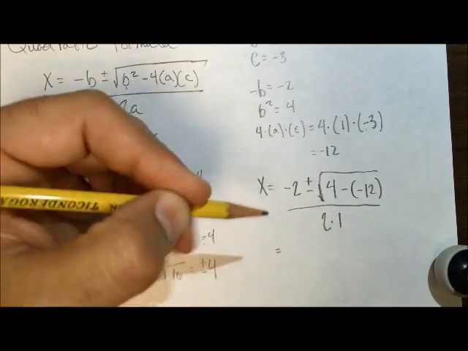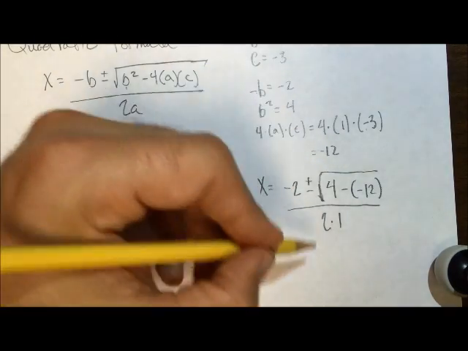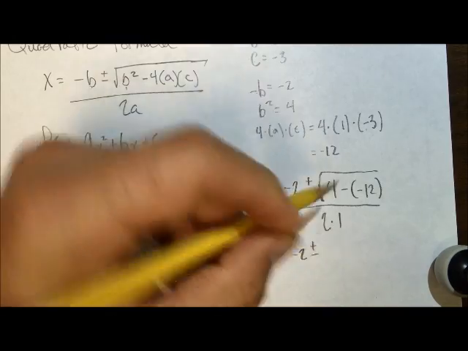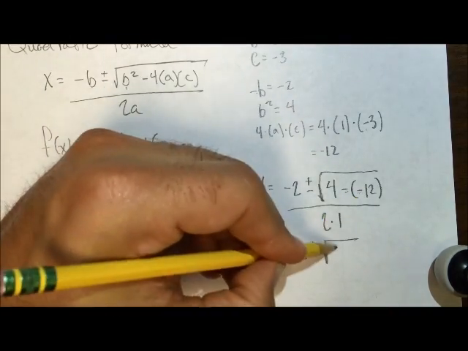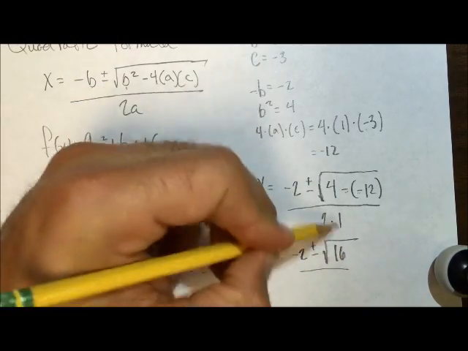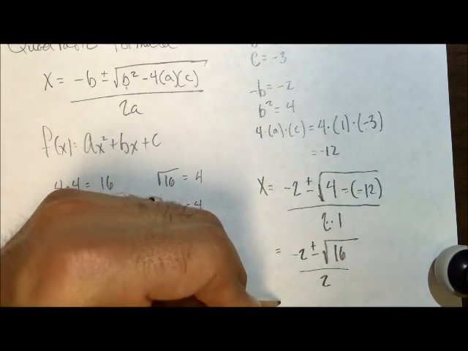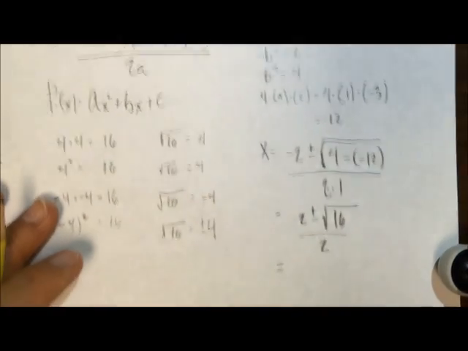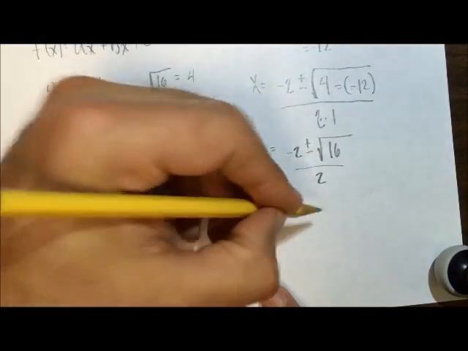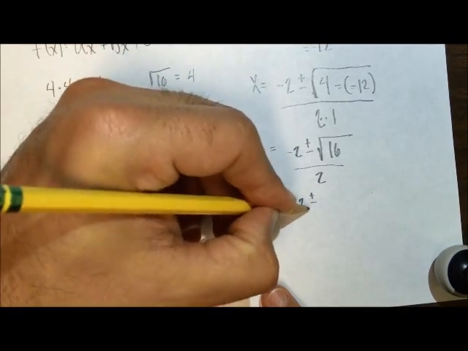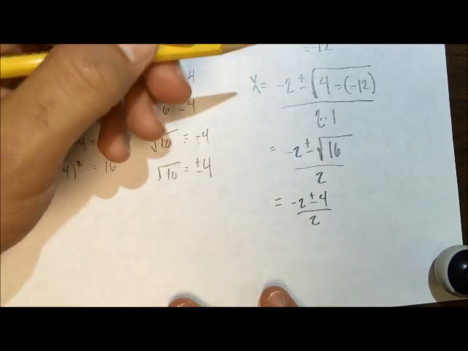And we can simplify this, and you can do this in your calculator if you'd like. Negative 2 plus or minus, a negative and a negative make a positive, so this is the square root of 16 over 2 times 1, which is 2. The square root of 16 is 4, so negative 2 plus or minus 4 over 2.